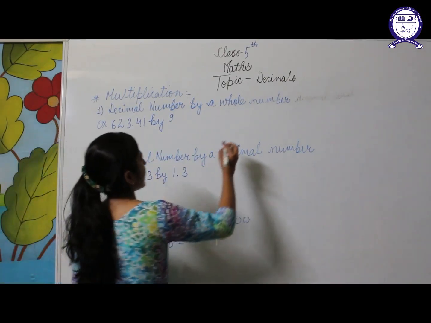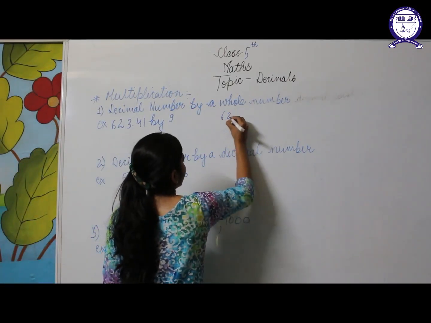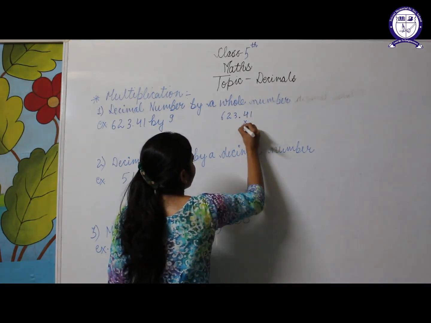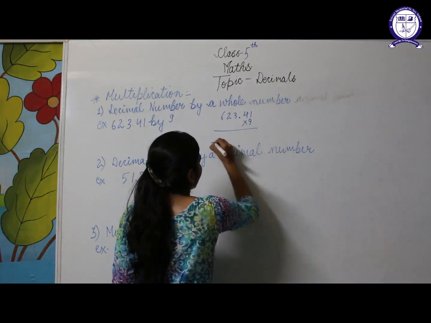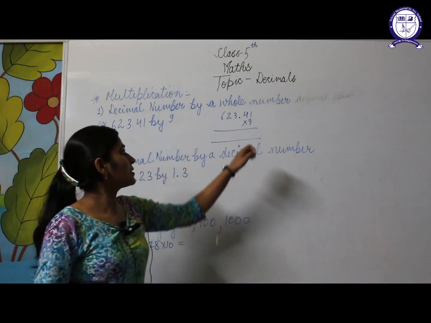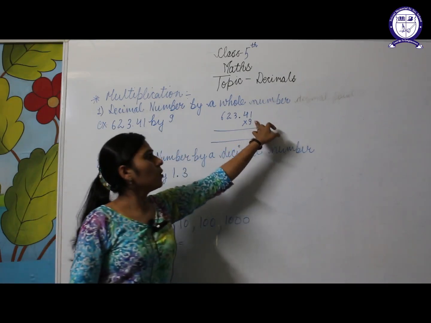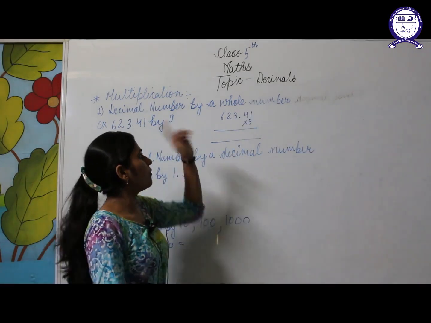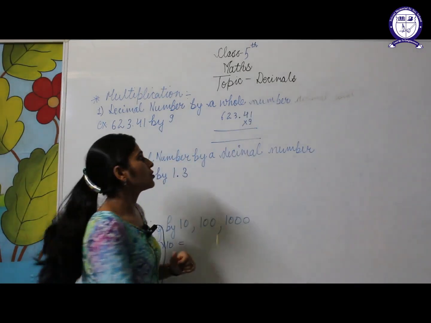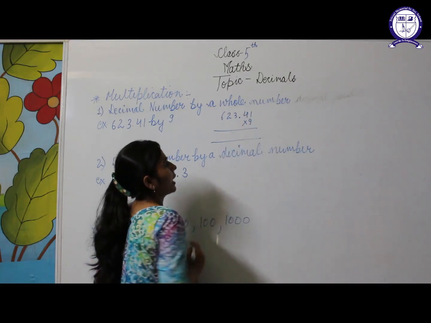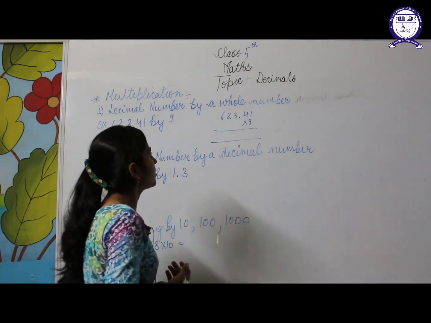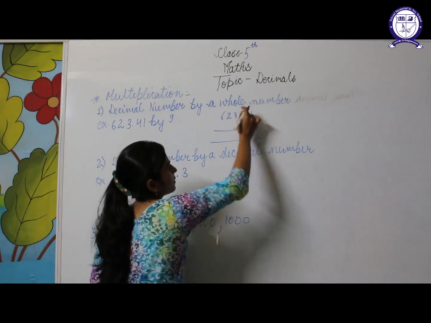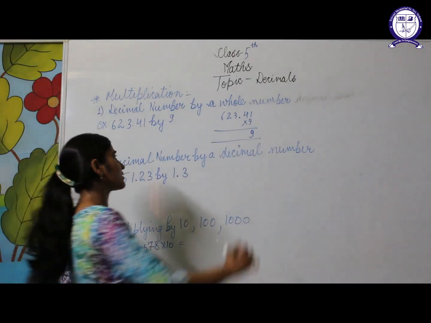So first we will arrange the number, 623.41. Then we will multiply by 9. So students, you need to multiply the whole number with the decimal part first. Then you will move towards the whole part. So you will multiply 9 first with the 100th place. So 9 ones are 9. And students, 9 fours are 36.